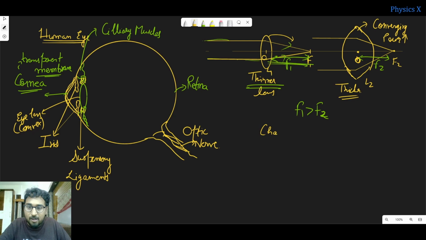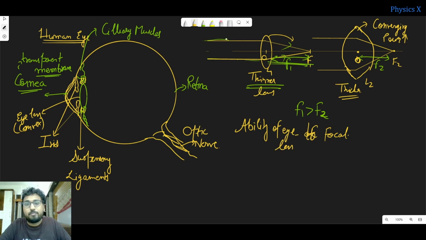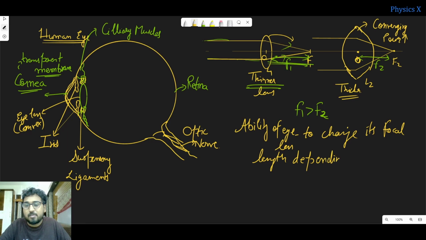This changing of focal length, you can better write it as this: the ability of the eye lens to change its focal length, depending on the object, is called the power of accommodation.